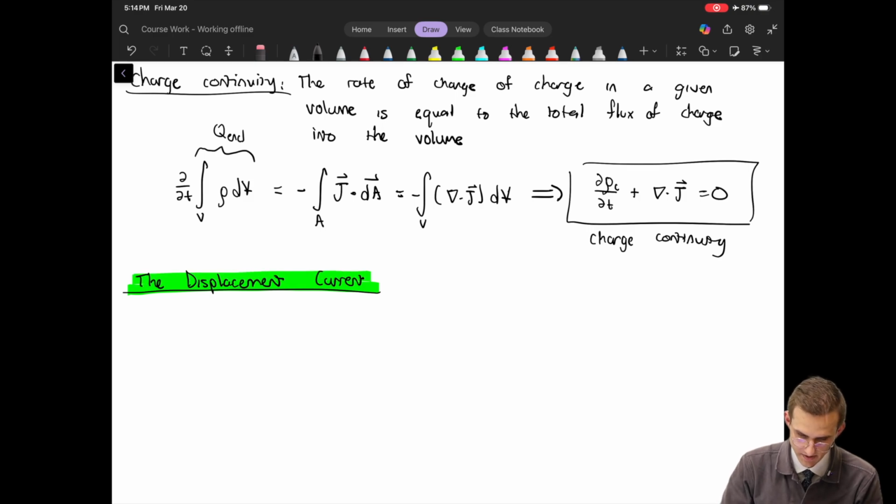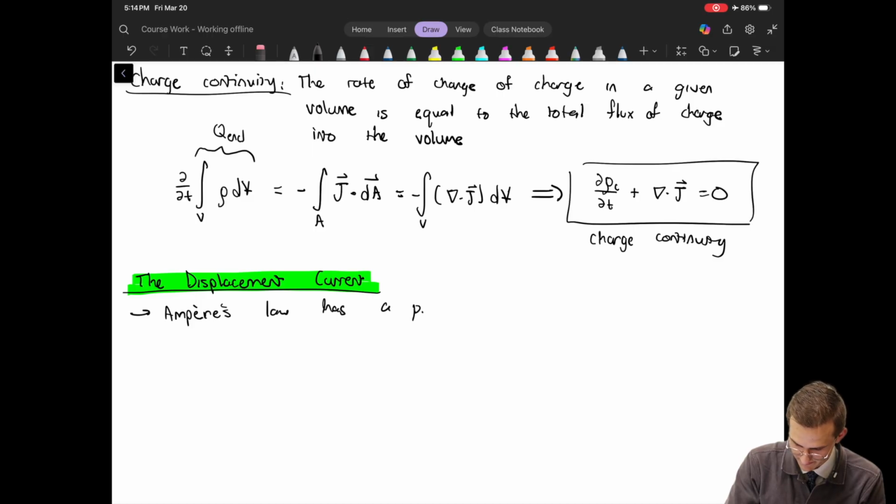All right, so Ampere's law has a problem. Okay, and it has to do with this charge continuity equation. So Ampere's law has a problem, the way that we've written it so far.